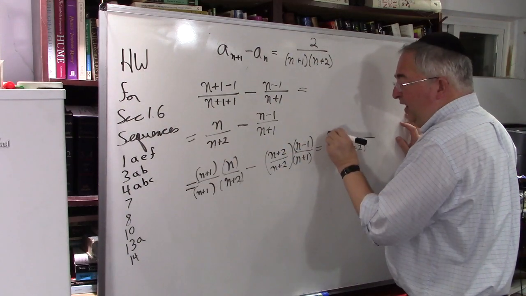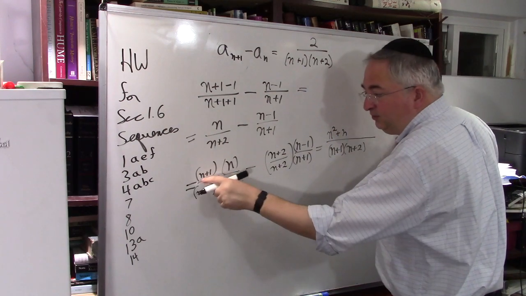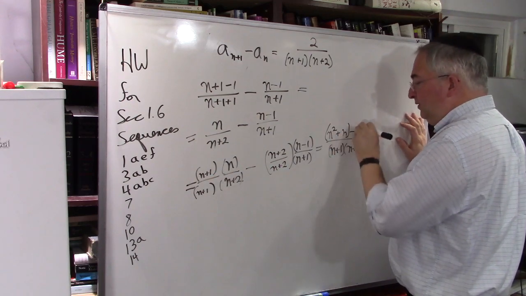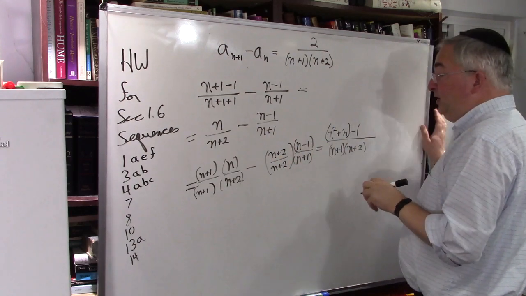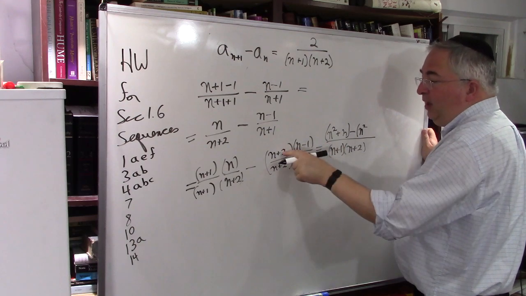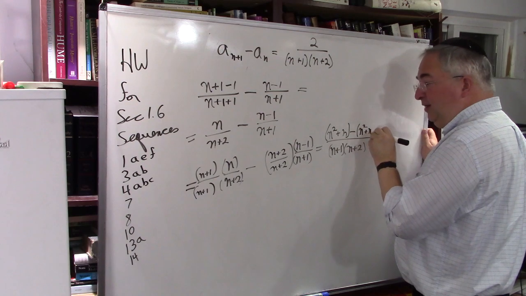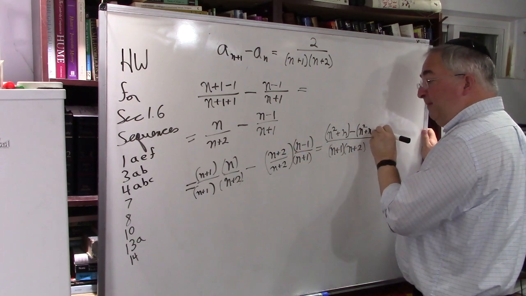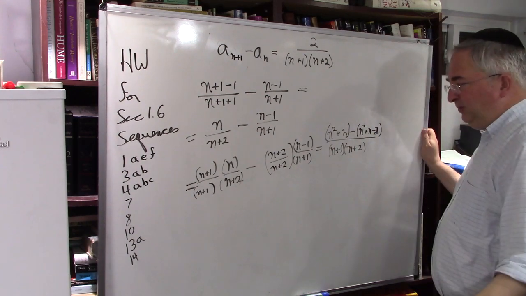So this becomes n squared plus n, n times n is n squared, plus n, minus, okay, what's this? N plus 2 times n minus 1. So let's multiply it out. N squared, that's n times n, plus 2n minus n, so it's plus n, plus 2 times minus 1 is minus 2.